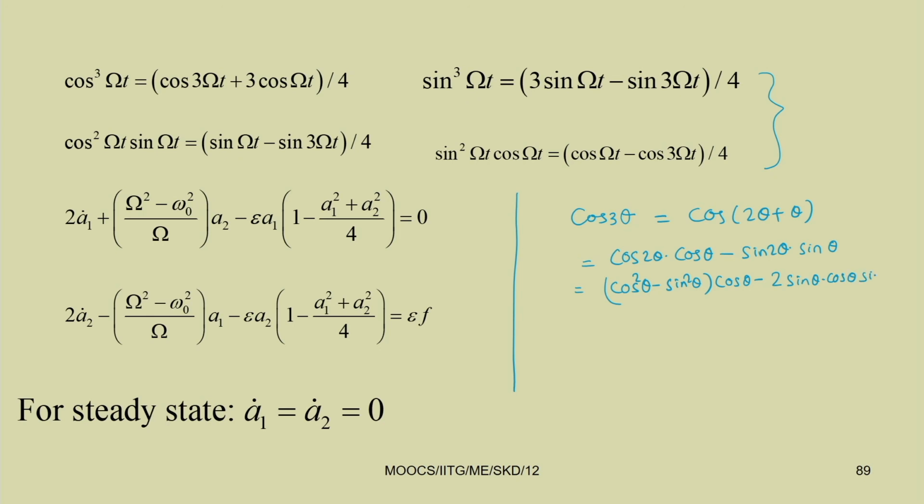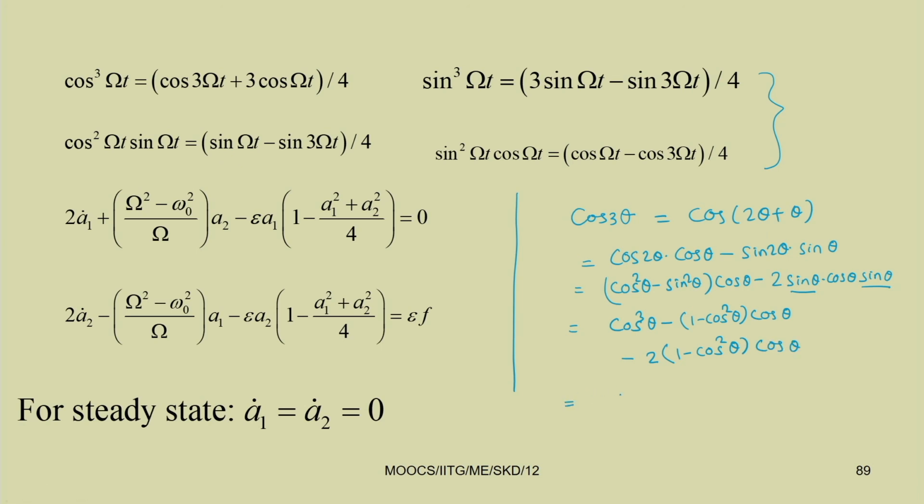So we have to write down all the things in terms of cos theta. So this thing can be written as cos cube theta, and the sin square theta can be written as 1 minus cos square theta, 1 minus cos square theta into cos theta minus, so the sin theta into sin theta equal to sin square theta, so minus 2 sin square theta, which can be written as 1 minus cos square theta into cos theta.